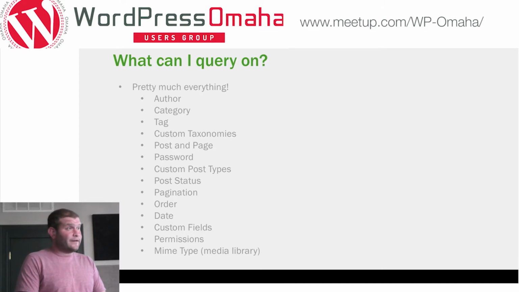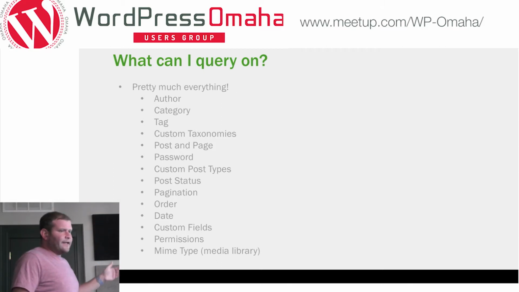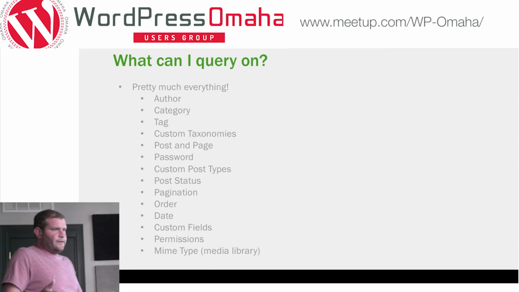So I said we can query on a lot of things, and that is a lot of things. Pretty much any which way you could slice an object or concept in WordPress, you can filter by it. And for every one of these things, be it author, category, tag, you can say I want to get all the posts in this category except category Y, or show me the authors who have created posts in the last 3 months and also are tagged ham, or any combination of these things you can put together.